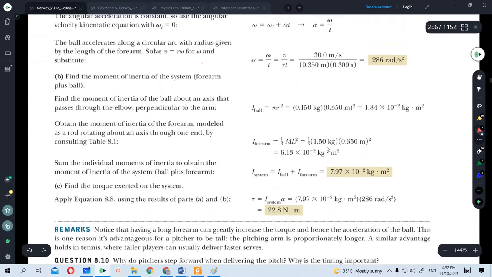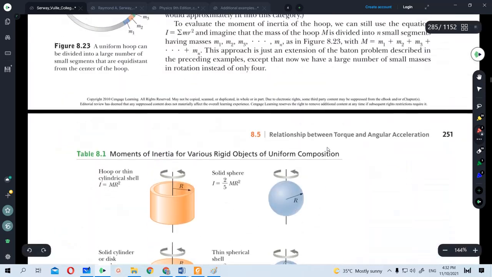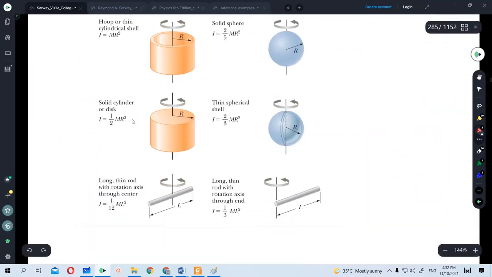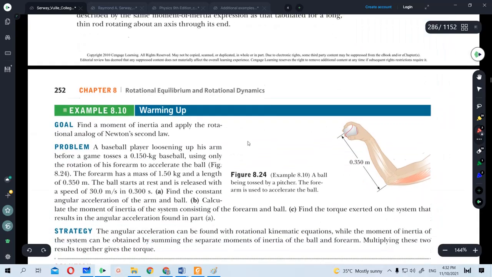The moment of inertia belonging to that is half mr squared. How do I know it? Because the wheel resembles this one, a solid cylinder, completely filled up. So 1/2 mr squared.